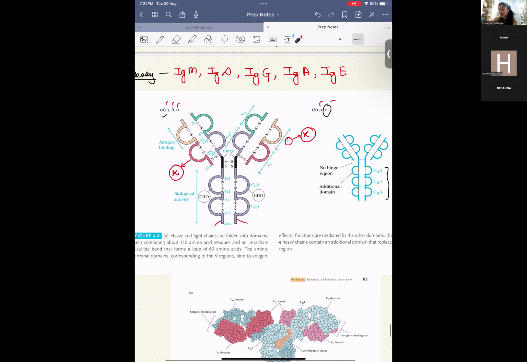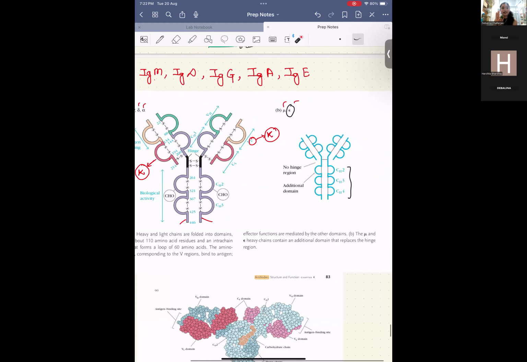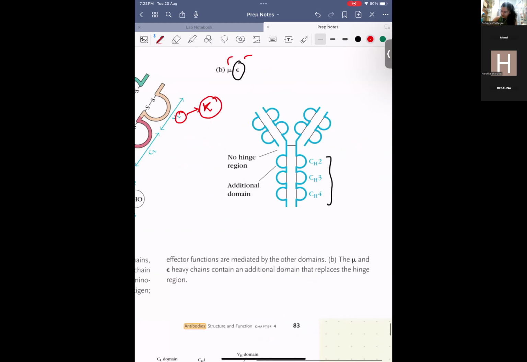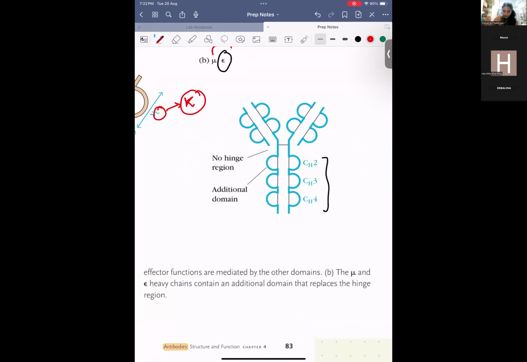FAB is fragment antigen binding. When papain digestion happens, the cleavage happens in this fashion; red is your papain.